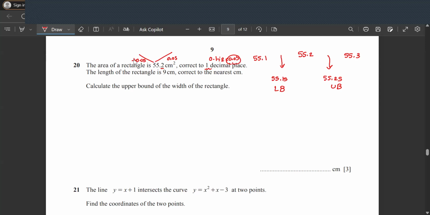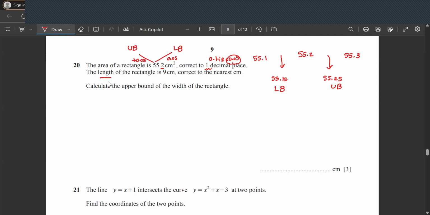So again, 1 decimal place means 0.1. Divided by 2, it is 0.05. If you add 0.05, you will get the upper bound. If you subtract 0.05, you will get the lower bound. It is easy. You can use it.